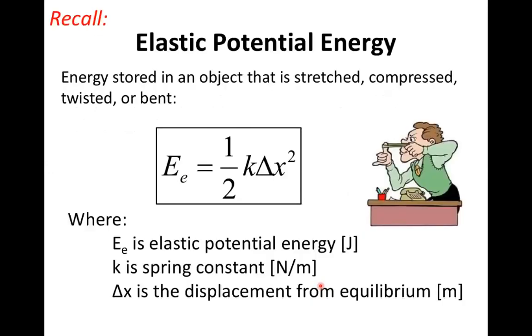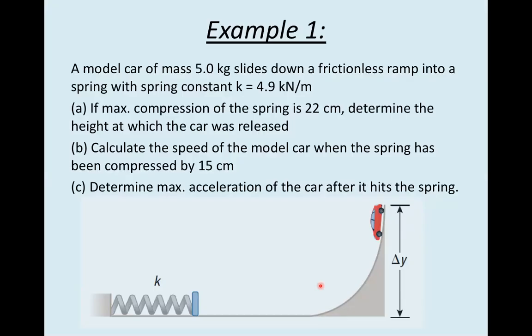So let's do a problem like this using our new equation for elastic potential energy. A model car of mass 5 kilograms, this is like a toy car, slides down a frictionless ramp into a spring with a spring constant of 4,900 newtons per meter.